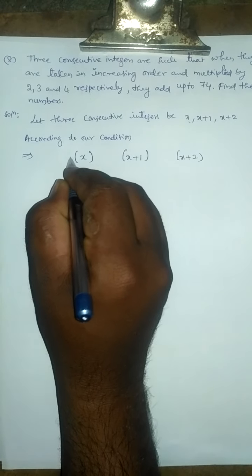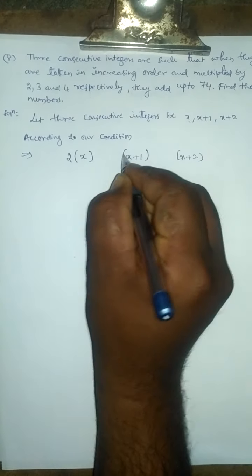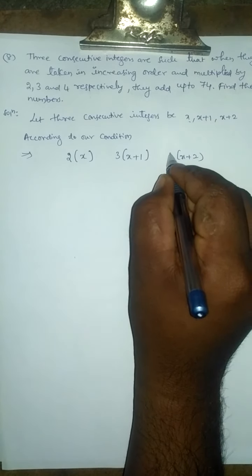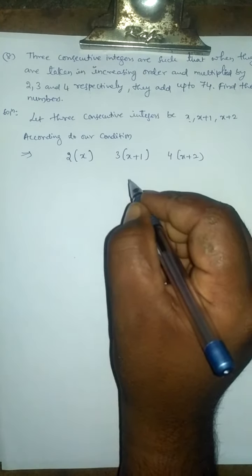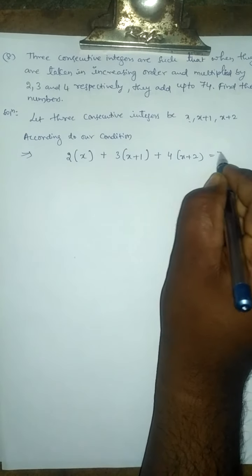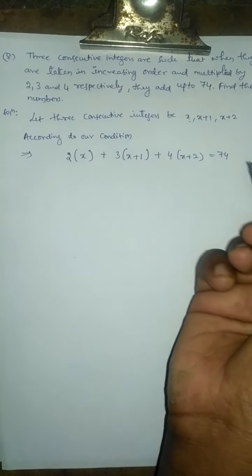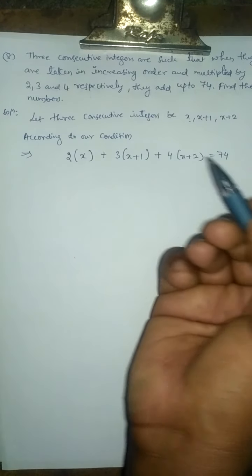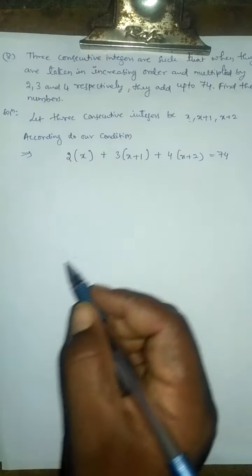So 2 should be multiplied to first number, 3 to second number and 4 to third number. After multiplication, if we add, that sum is equal to 74. So we have to find what those consecutive numbers are. Now this is our equation form.